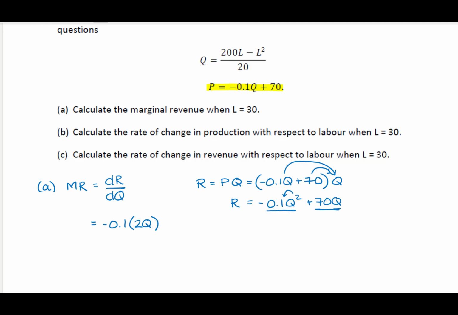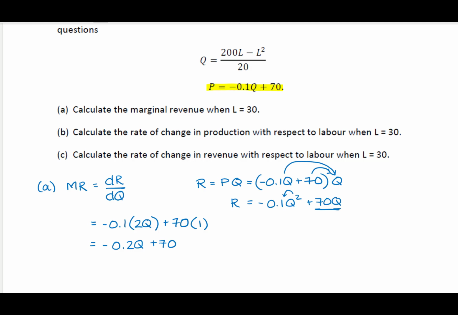And then for my second term here, I have the derivative of 70 as my coefficient. So it just goes along for the ride, times the derivative of Q. That's Q to the power of 1, so that simply becomes 1. Cleaning this up, I have negative 0.2 Q plus 70 as my derivative for the marginal revenue.